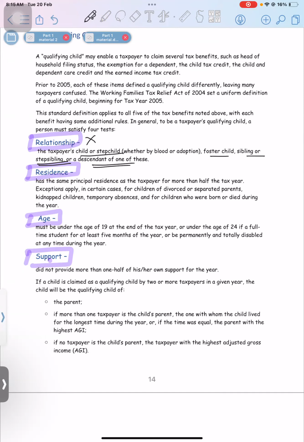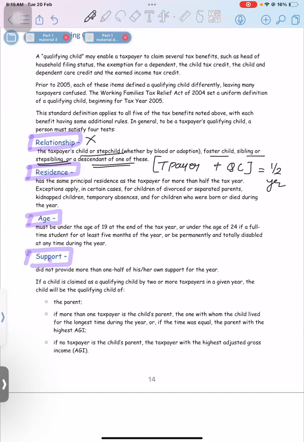The next test is residence. The taxpayer who is going to claim the child and that qualifying child should have the same residence. And for how many days or months? It should be at least half of the tax year.